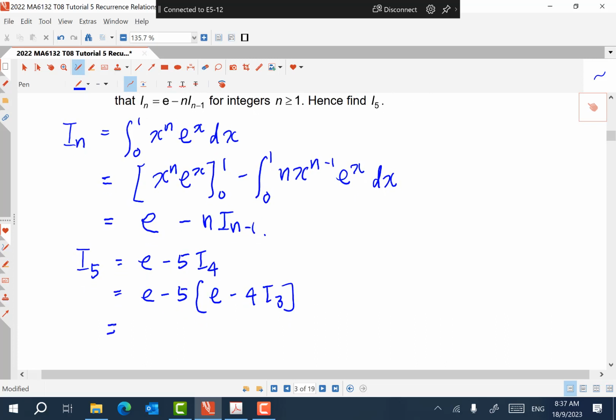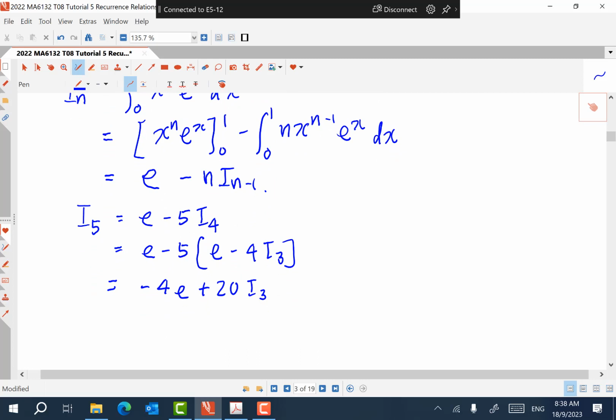And this gives you minus 4e plus 20 I3. And then this gives you e minus 20 I2.